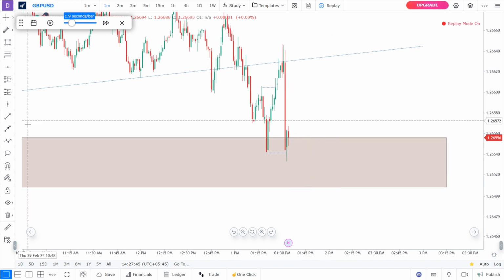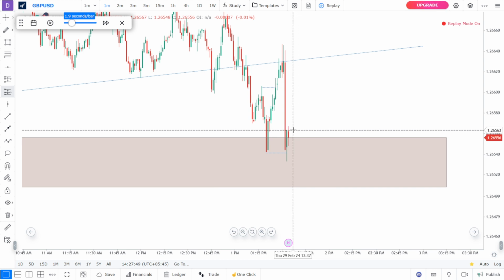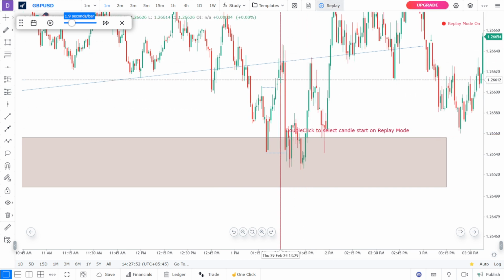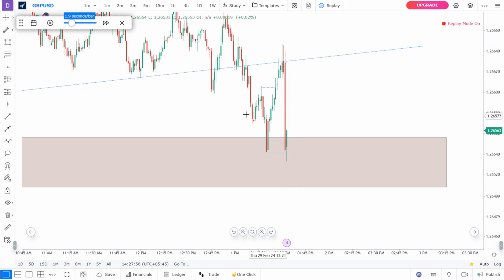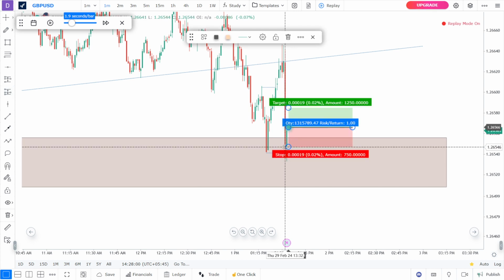So at this point, my buy stop will be above this candle, a few pips above this candle.